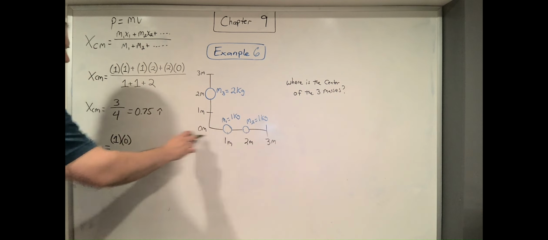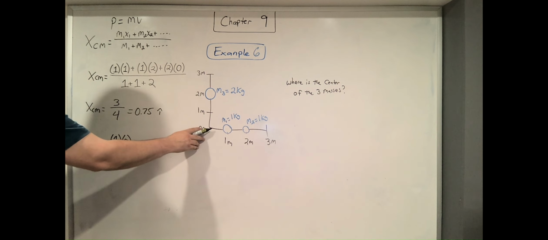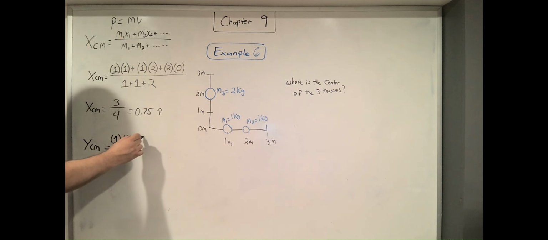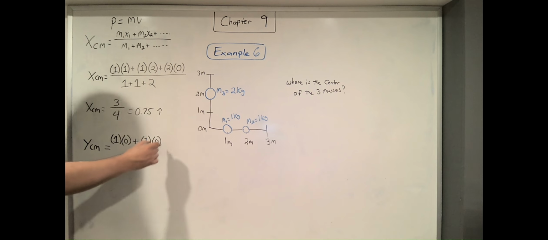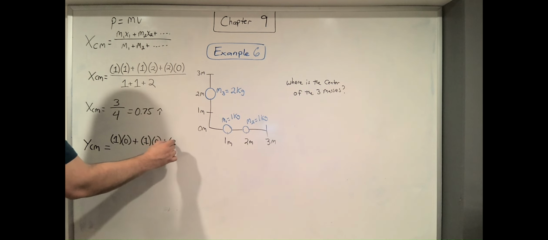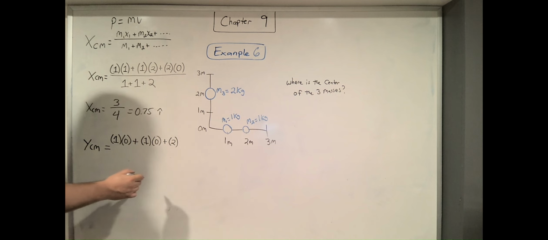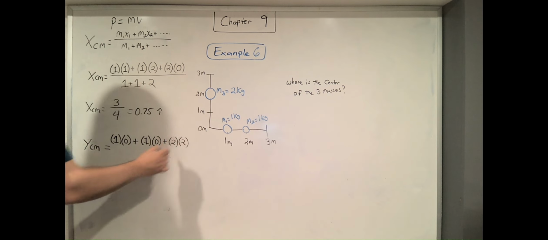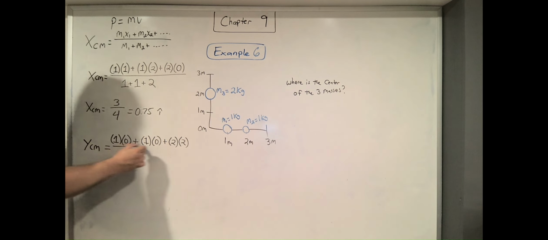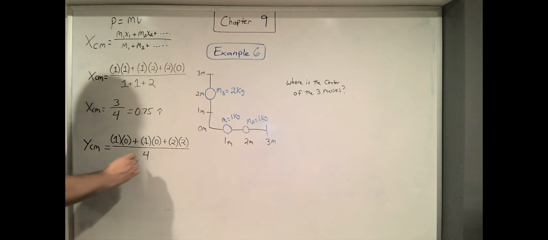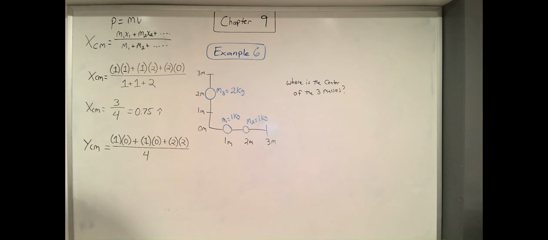They're on the x-axis, so they're on the 0 part of the y-axis. Same with this one. I'll have 1 kilogram, but I have a 0. The only one that is on the y-axis is the 2 kilogram mass, which is located at 2. And then we'll divide by all of the masses, which we already know is going to be 4, from 1 plus 1 plus 2.